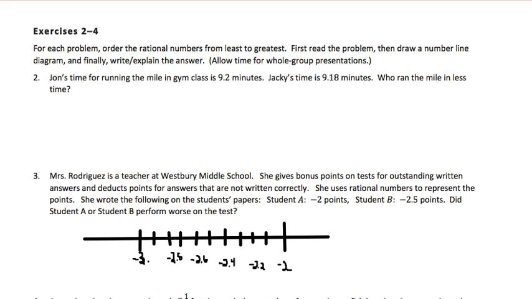After we number the number line, then we need to put the points that are in the problem. We have student A, which is negative 2 points, and student B, which is negative 2.5. 2.1, 2.2, 2.3, 2.4, and negative 2.5 is right here.